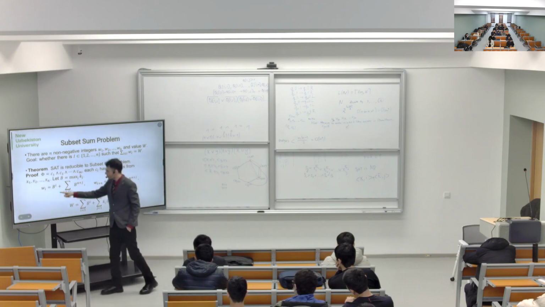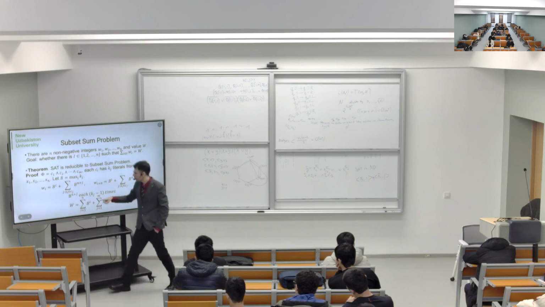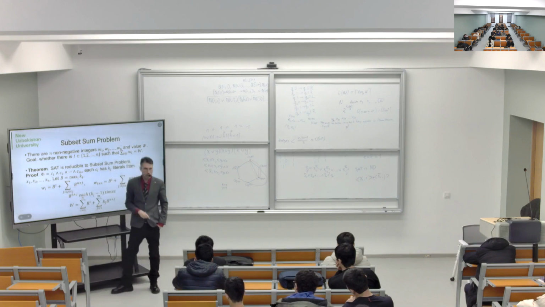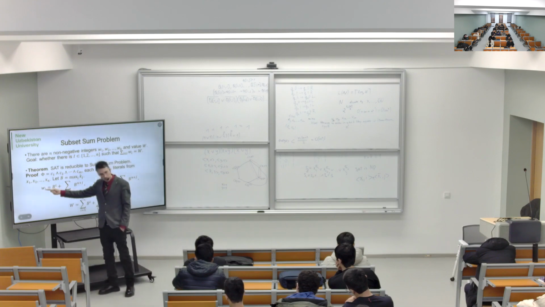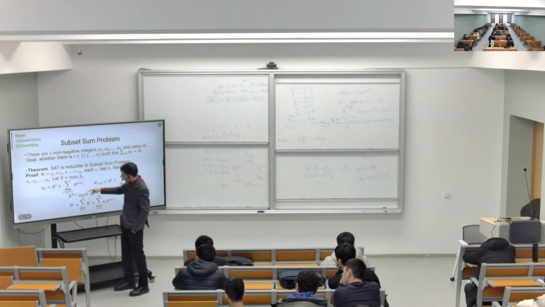So we will call each of the numbers Wi as B to the power of i. So we say, if I choose Wi, I will get B to the power of i. And then, if xi is in Cj, then I add B to the power of n plus j.